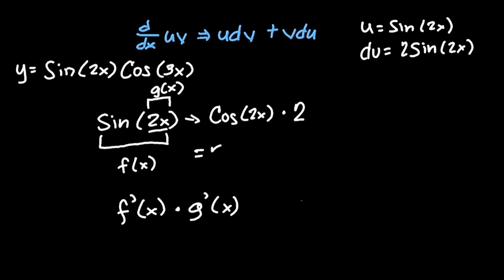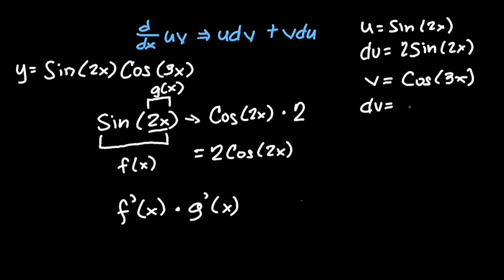Multiplying these two together and you will get 2 cosine of 2x. Now v would be cosine of 3x. Derivative of cosine of 3x would be negative 3 sine of 3x.